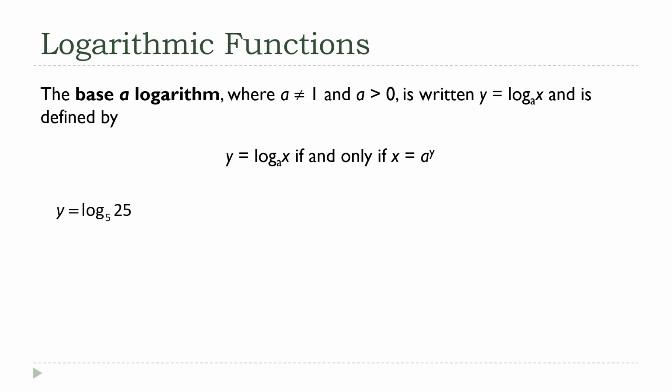The base of the logarithm and the base of the exponent are both a, so they're both going to be 5 in my expression here. And the other two variables change sides. The y becomes the exponent. So what I'm doing is looking for a solution to this equation. What value of y makes 5 to the y equal to 25? Well, hopefully it's clear to you. That's 2. So that is the log base 5 of 25.